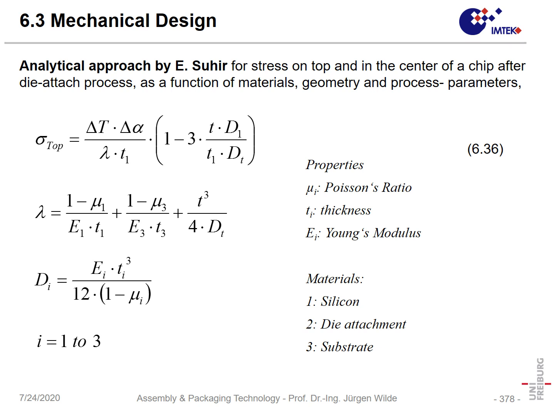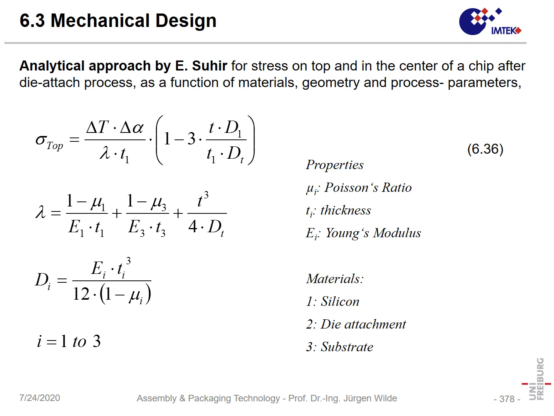And for instance, Mr. Suhir did lots of work, and then he found, for instance, an iterative solution where you can say, okay, the stress on top is again delta alpha, delta T, but here you have that geometry factor which depends on certain thicknesses, t, t1 and so on, and also on some stiffness parameter, D.